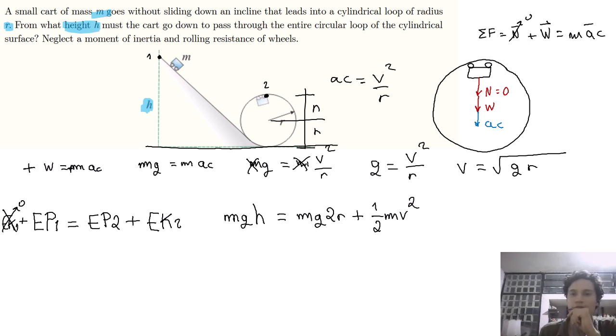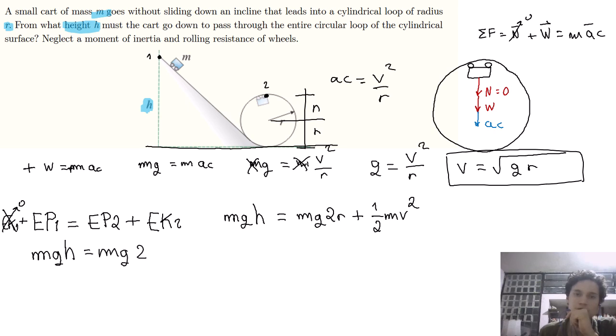And here appears the velocity that we were looking for, so we can replace that. So mass times gravity times the height is equal to mass times gravity times 2 times r plus 1/2 mass, and this square cancels the square root, so we have gravity times r.